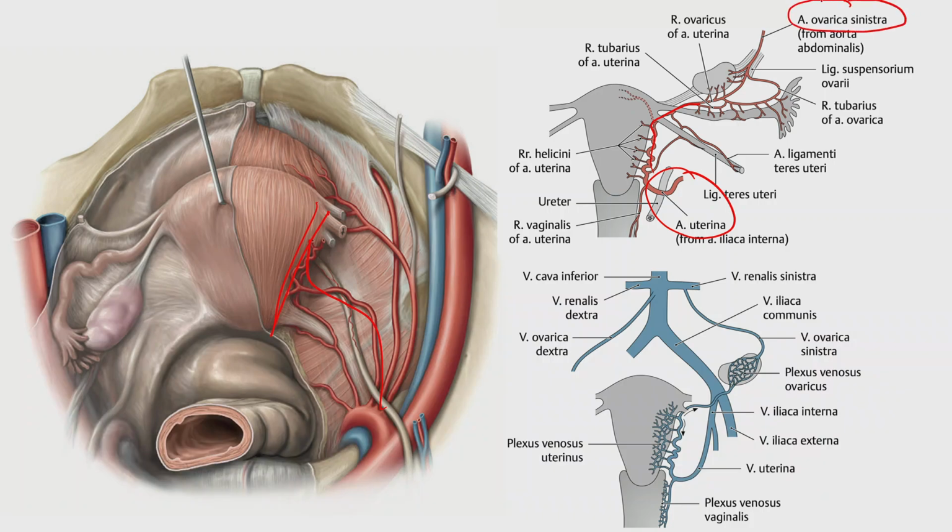The ovarian artery is then connected at the edge, the region of the horn of the uterus. The superior part of the uterus is mainly supplied by the ovarian, the inferior by the uterine. And from the uterine artery descends the artery which is called vaginal.